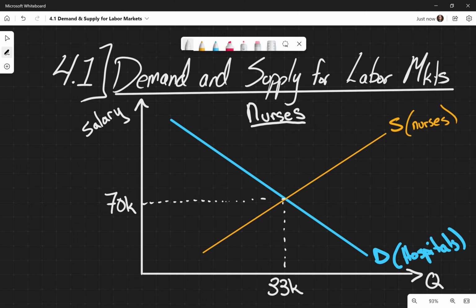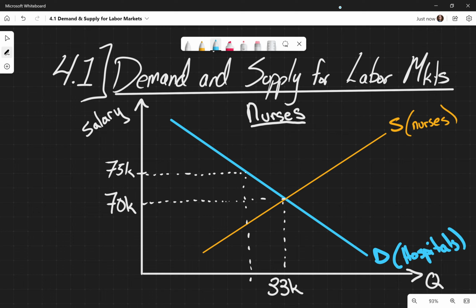And so we're asked about what would happen if people were offered higher salaries than 70,000, right? What if there was an above-equilibrium pay of 75,000 that was offered? What would happen? Well, we would go ahead and reflect it off of our demand curve to get our quantity demanded.